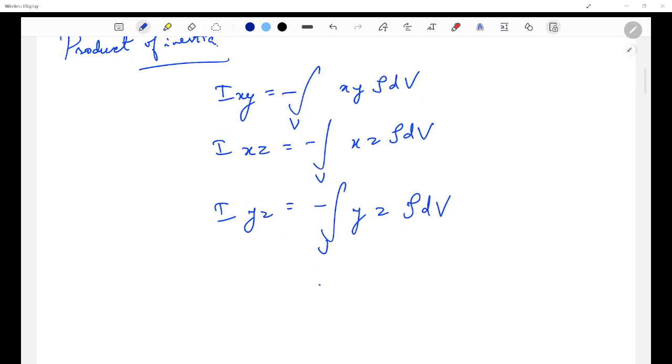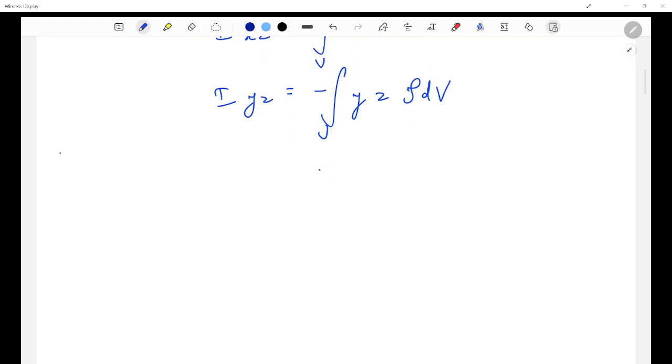Okay, so there are a few properties of this inertia tensor.